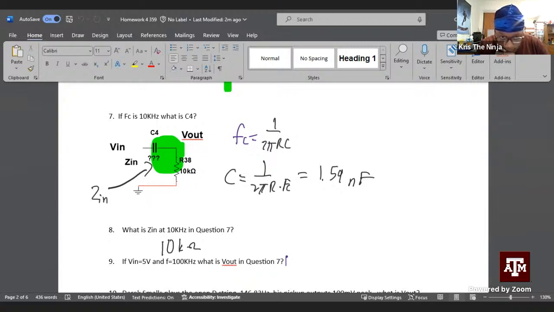To find V out: V out over VN equals the reactance of the capacitor over the square root of R squared plus XC squared.